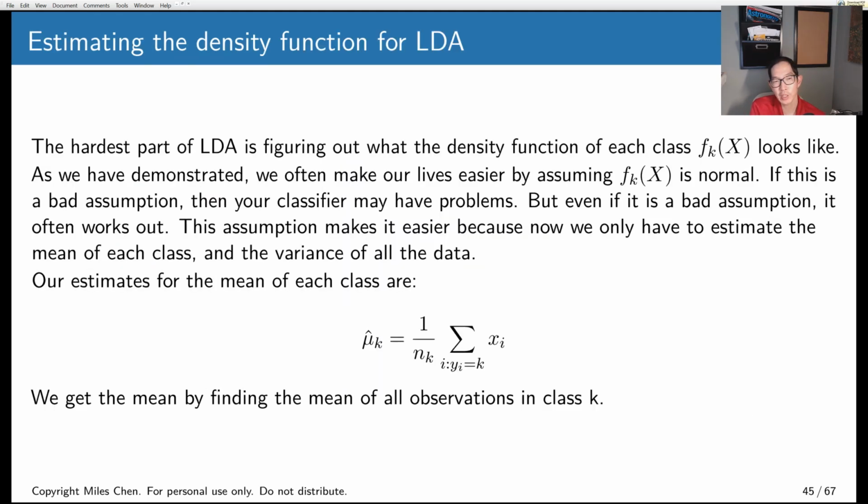The hardest part is trying to figure out what the density function should be, all right? It's real easy if you just assume it's normal, okay? If that's a bad assumption, then your classifier is going to have problems. But here's the thing, even if assuming it's normal is a bad assumption, a lot of times it works out, okay?